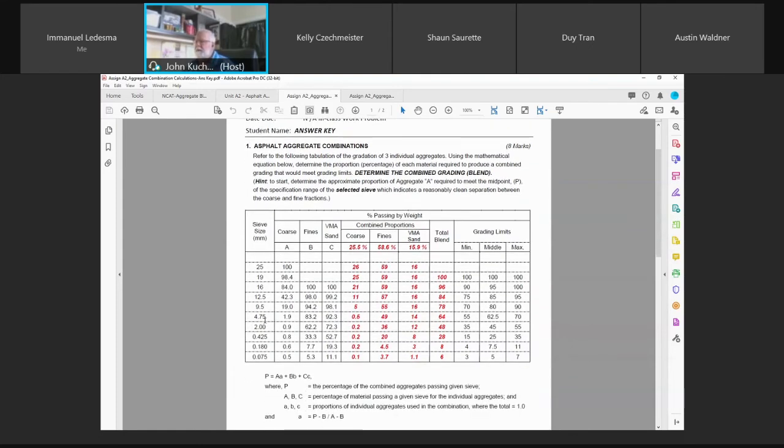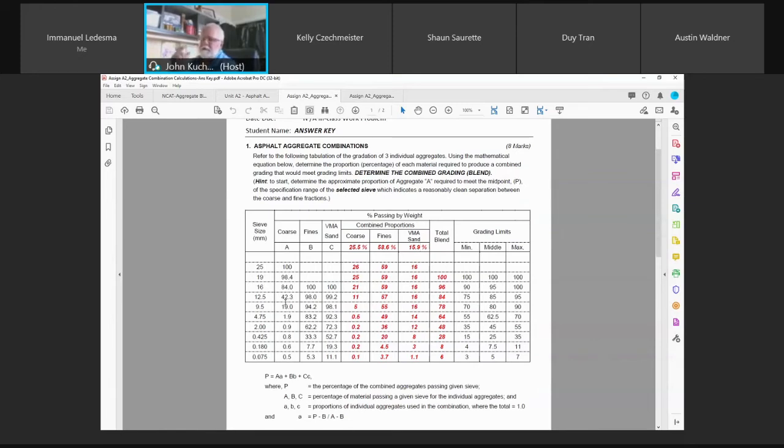So if we look at A, what sieve size here gives us a clean separation? This is coarse, this is fine. You look at the percent passings: 100, 98, 84, 42, 19, 2.